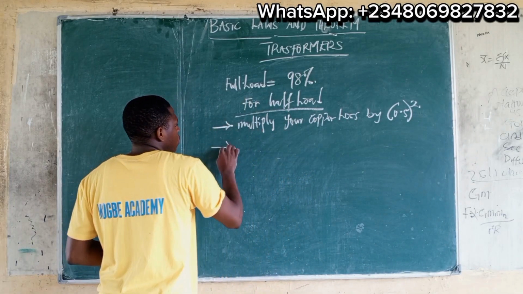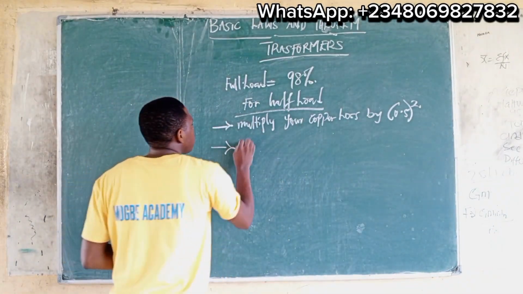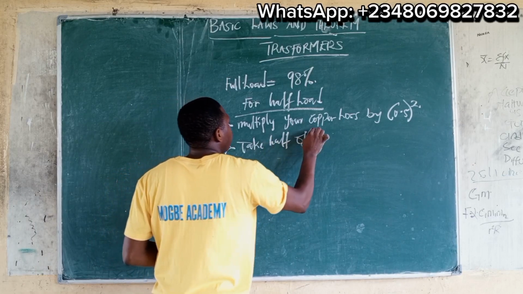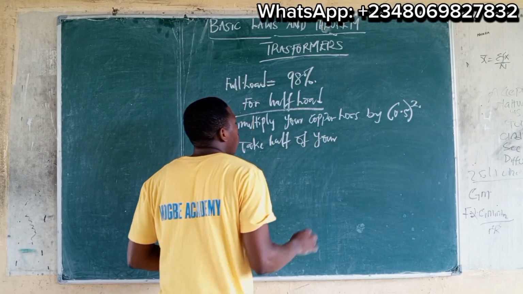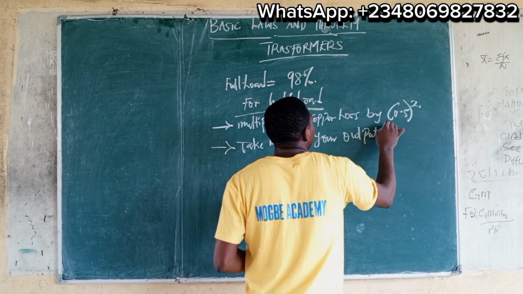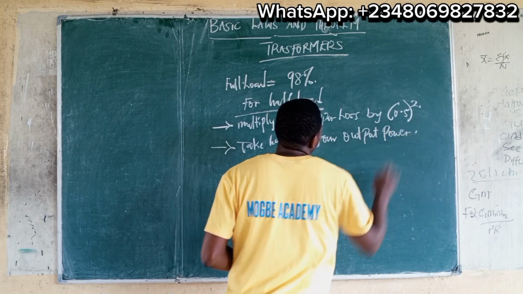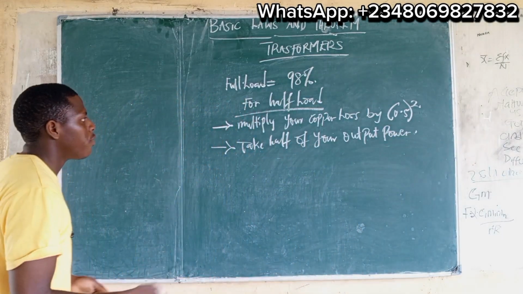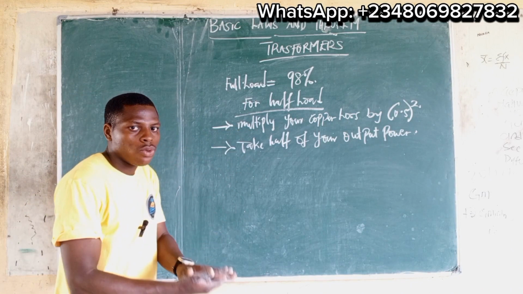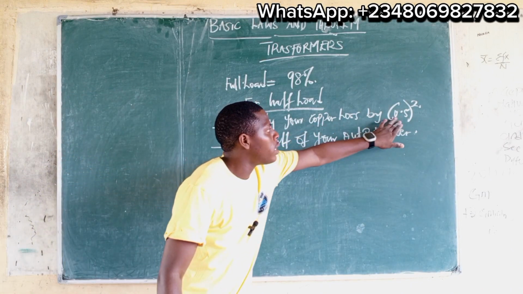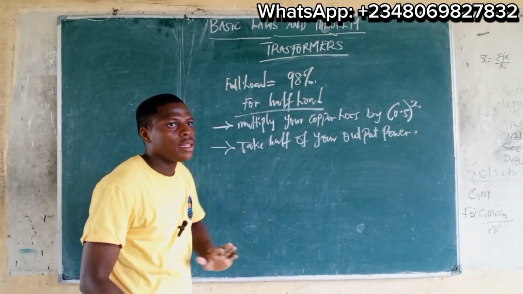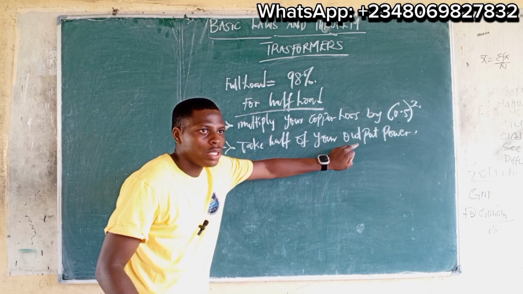And the second condition was take half of your output power. So your first condition was go to your copper loss where you calculated for full load, multiply 0.5 squared to it, then come back to your output power, take half of the value you got there.